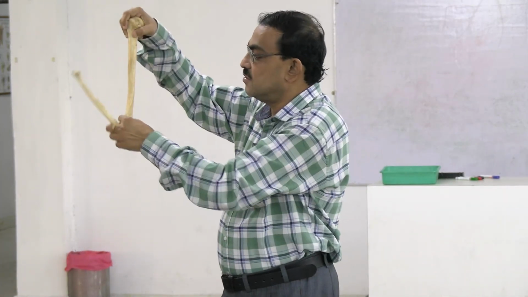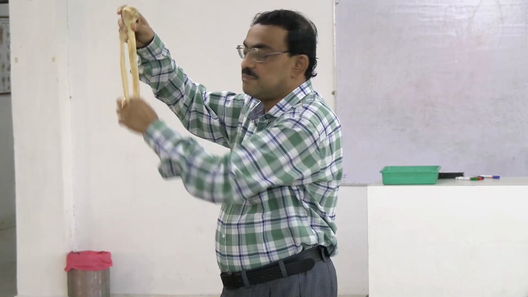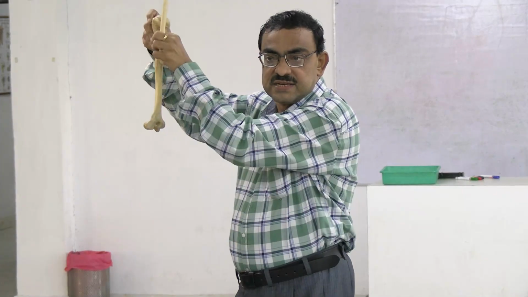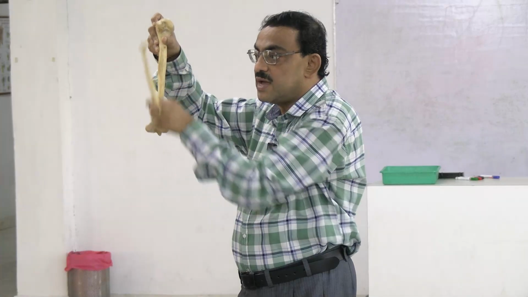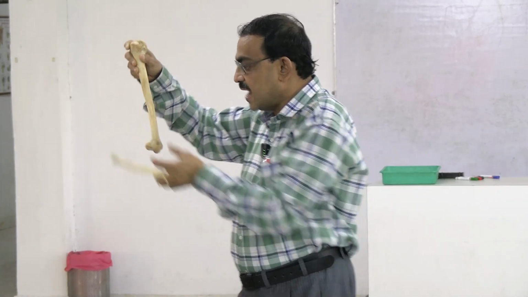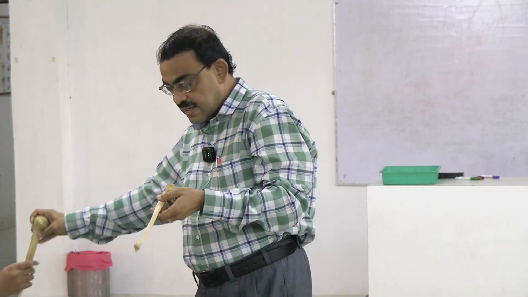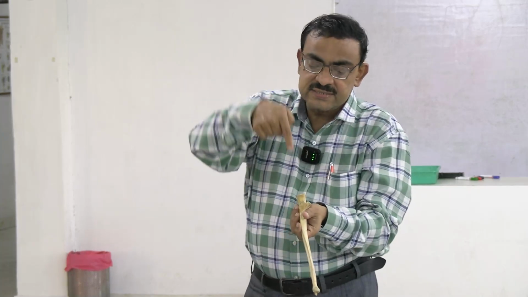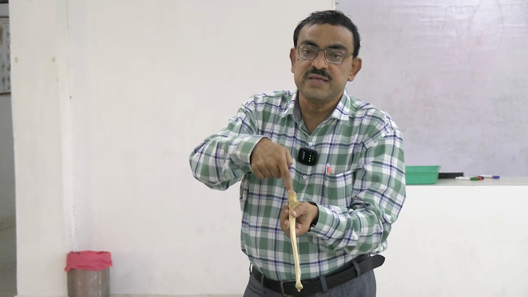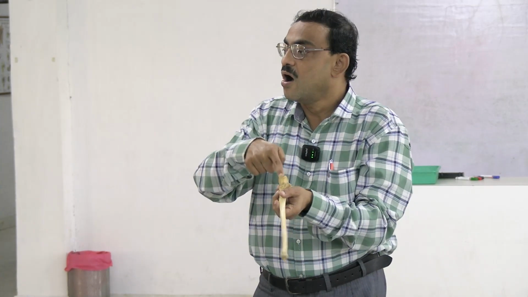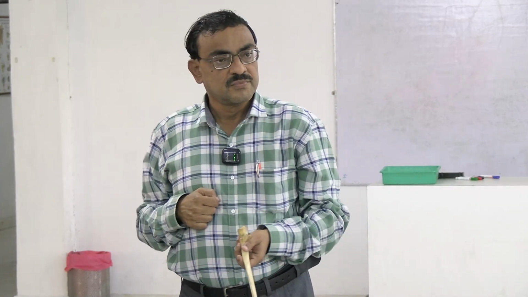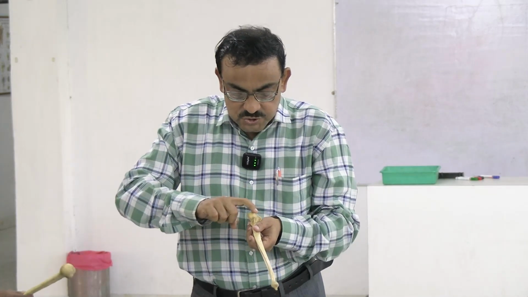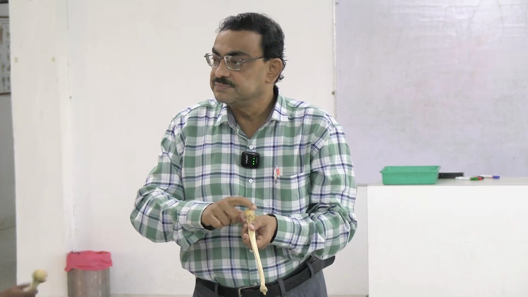This muscle is present in relation to the posterior surface of the humerus, and ultimately it forms a tendon, and that tendon is inserted over the superior surface of the Olecranon process. And also we get a joint capsule at the margin.